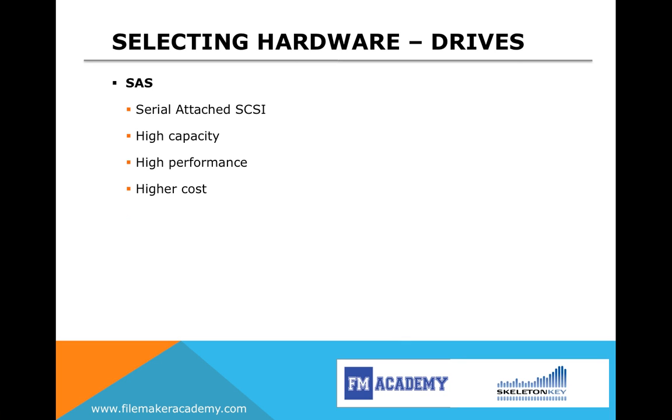It's not unusual to see 10,000 and up to 15,000 RPM drives in these, and if you do need both higher capacity and high performance, this is certainly the way to go. They do also cost a little bit more, but usually if this is going to be a machine that's going to be seeing a lot of use, investing a little extra in SAS drives is well worth it.